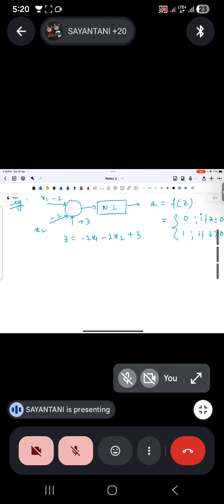So diagrammatically, what I'm trying to say is, if I have a two-dimensional feature space, this is the line which I am deciding: -2x1 minus 2x2 plus 3.